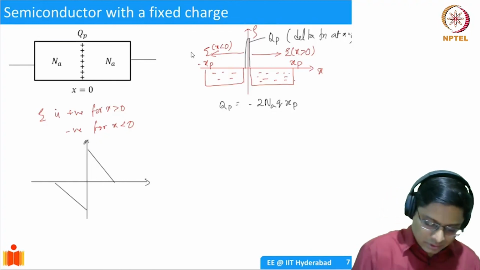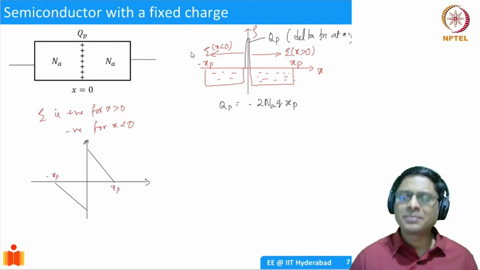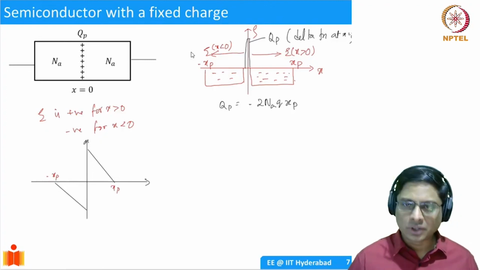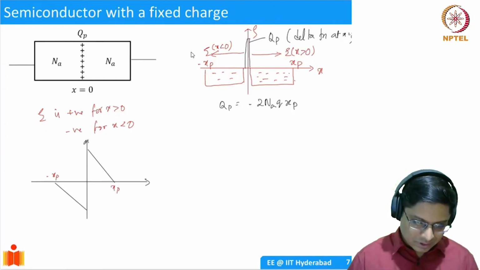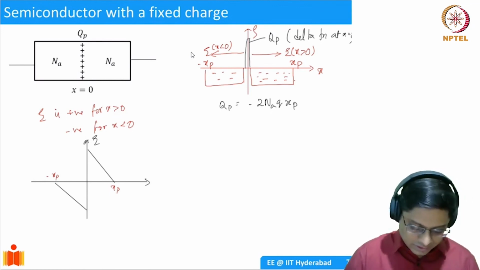Okay? So this I'll call my XP, and this as minus XP. We are essentially using the same recipe as what we have seen before. Please don't get worried if you are not able to solve it by yourself. It is okay to not solve this problem fully. So E is here like this.